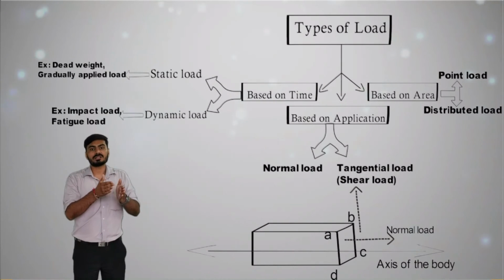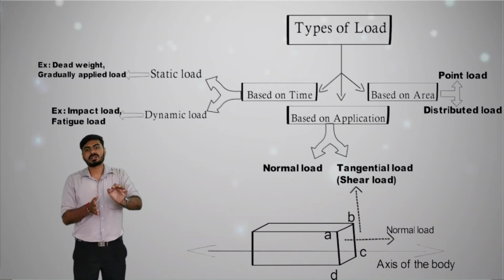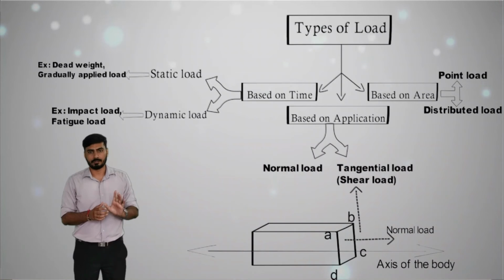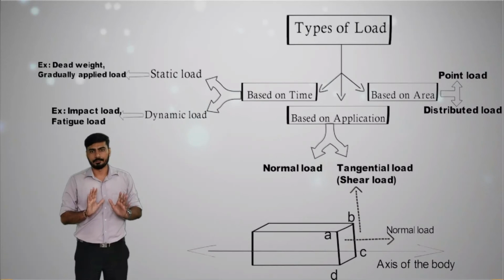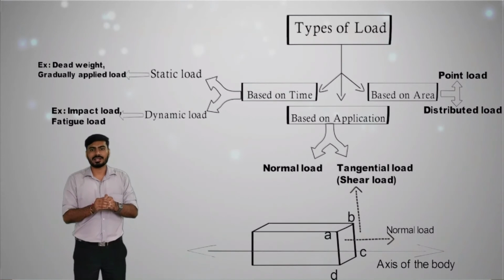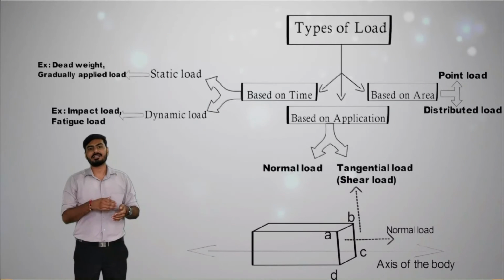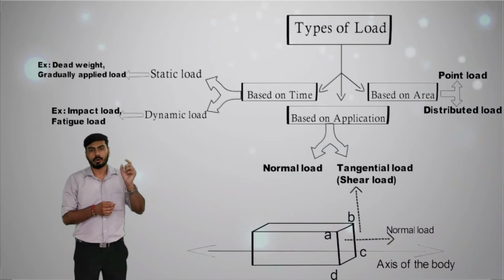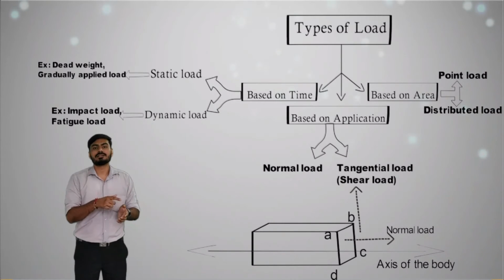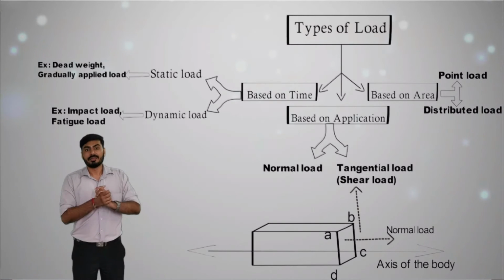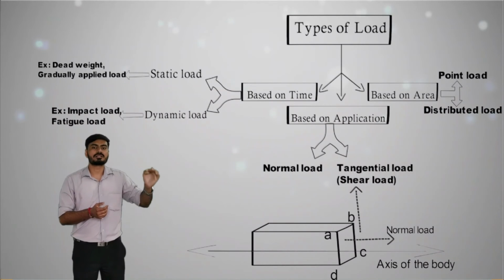Now if you consider a small elemental area of that beam, the area which is just sufficient to stand that person on that beam, so that much area on which the person is standing, then for that small area the weight of the person is distributed over the entire area. And that's why if this small area is considered as a reference in our example, then the load applied on that area will be considered as a distributed load.